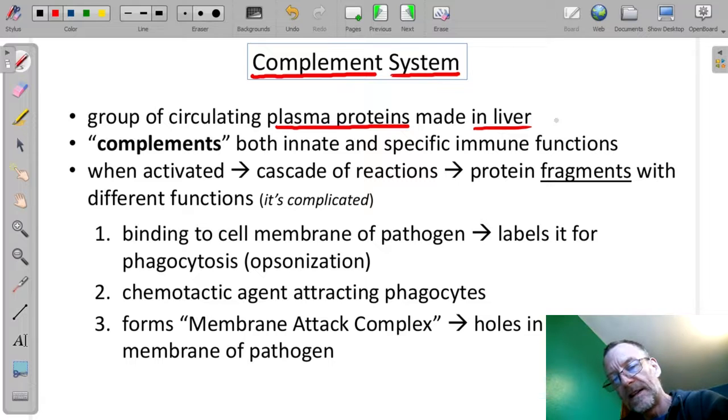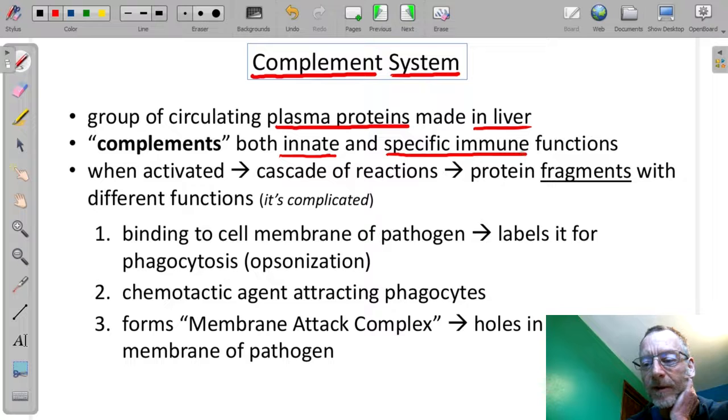And when activated, this system enhances or complements both innate, which is non-specific, and specific immune functions. So it essentially activates or complements all of the immune system functions.